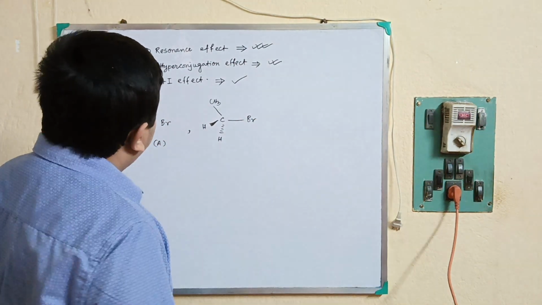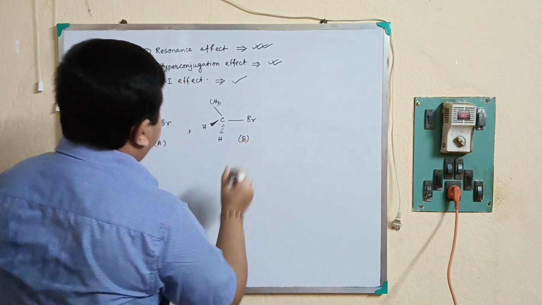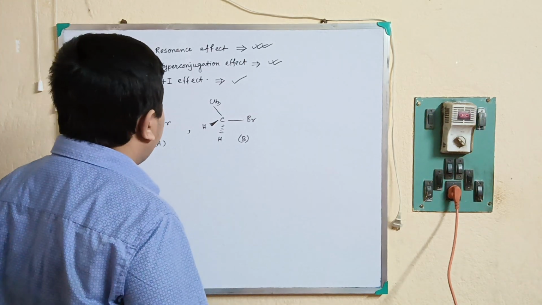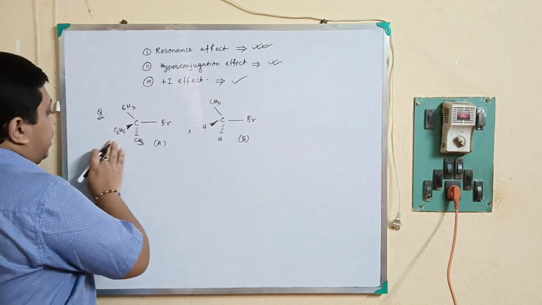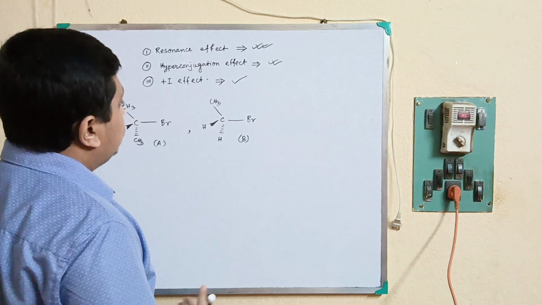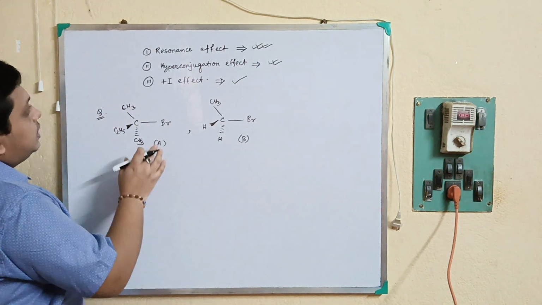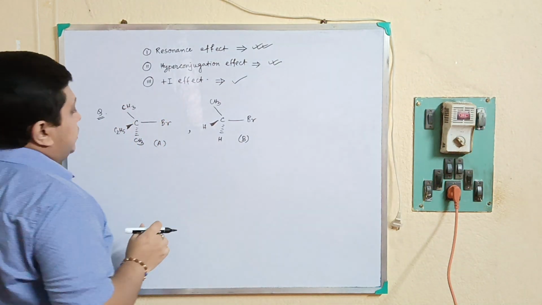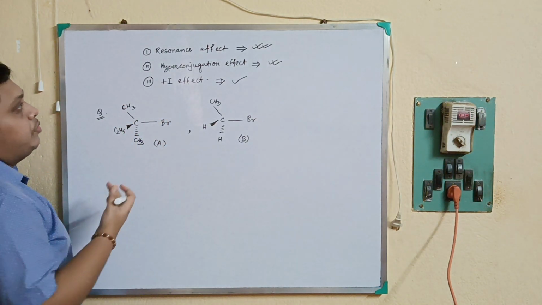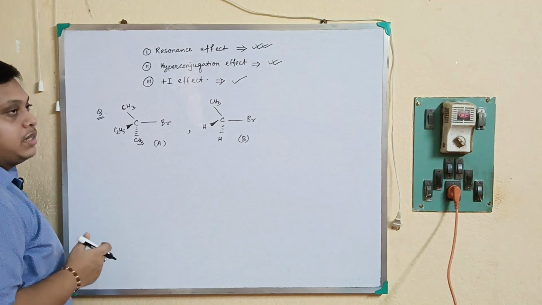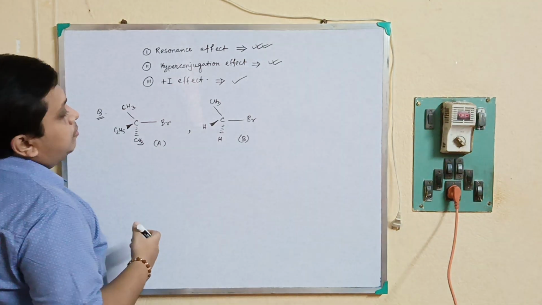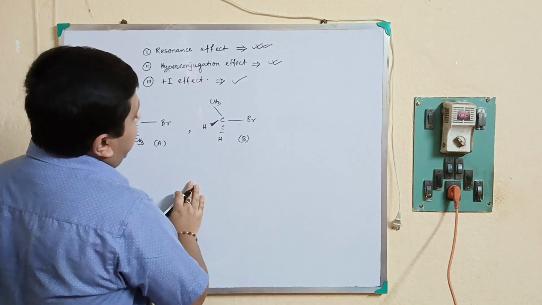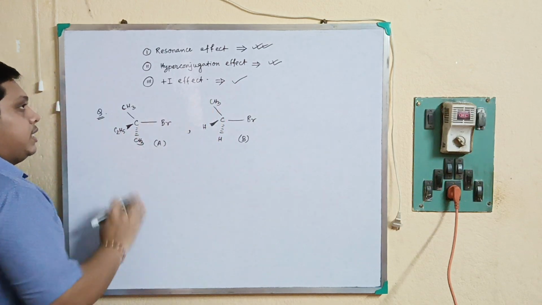Let's suppose it is B. Now we have to compare between A and B, which one would likely participate in SN1 reaction mostly. Now we can see that the first substrate has very many hyperconjugative effects and plus I effects also, but the second one has only one hyperconjugative effect of the CH3 group and one plus I effect group, that is CH3.